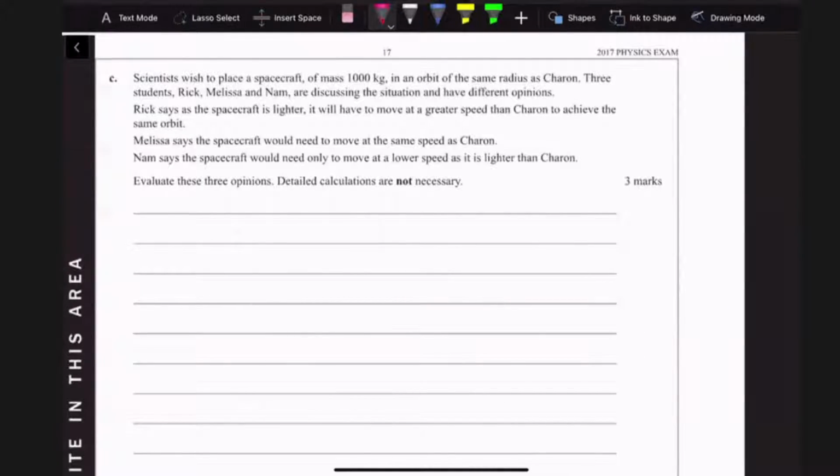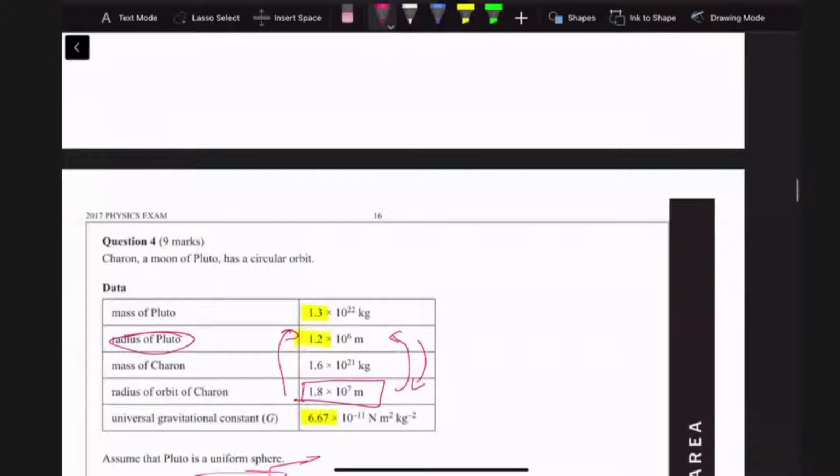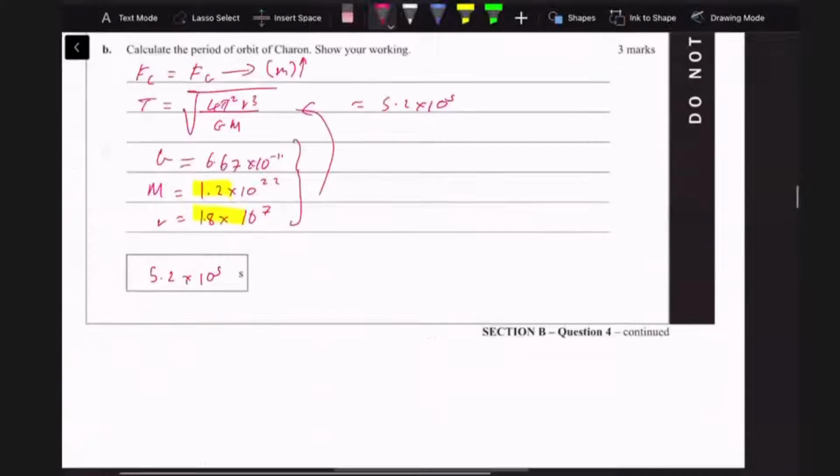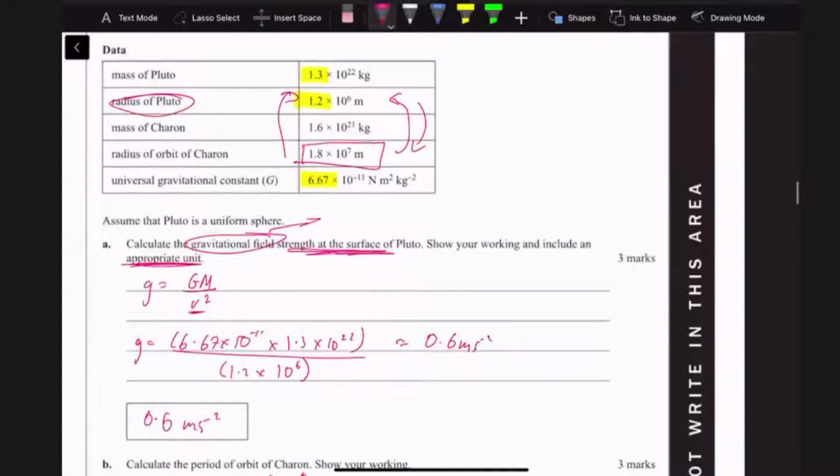So now it's asking us to determine what speed the moon would have to, not the moon, sorry, this, so they're replacing the moon with a spacecraft, and they're asking what speed would the spacecraft have to go around Charon if it wants to have the same radius. So if it wants to keep this value here.